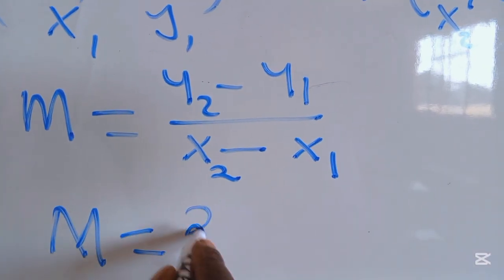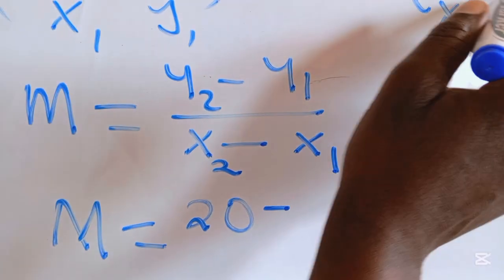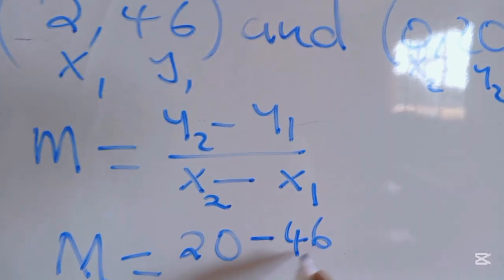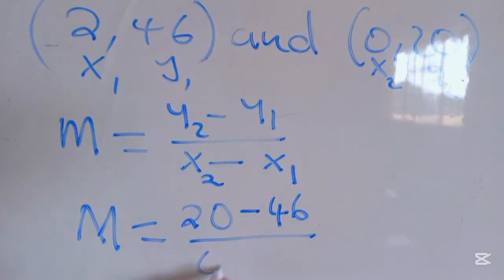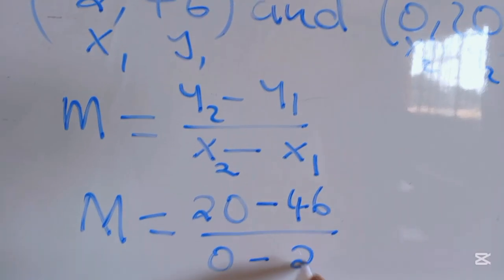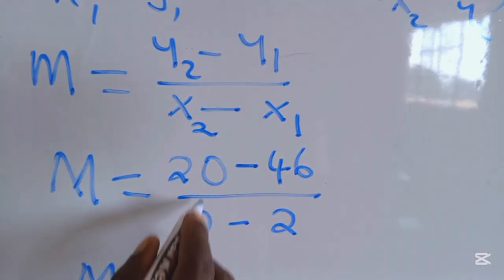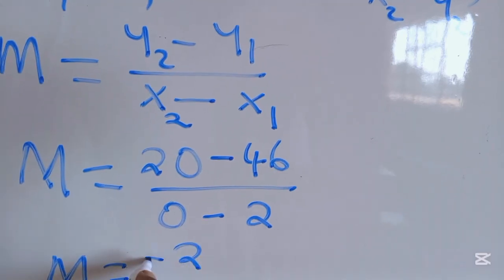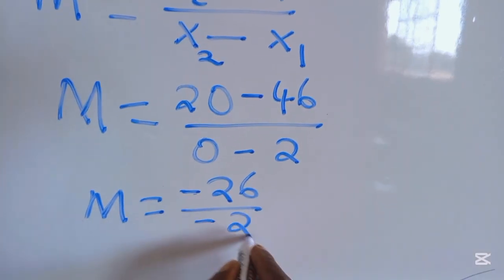My y2 is 20. Subtract my y1, 46, over, you agree with me that this is 0 minus 2. When we do the needful here, I'll get negative 26 on top, and down there I'll get negative 2.